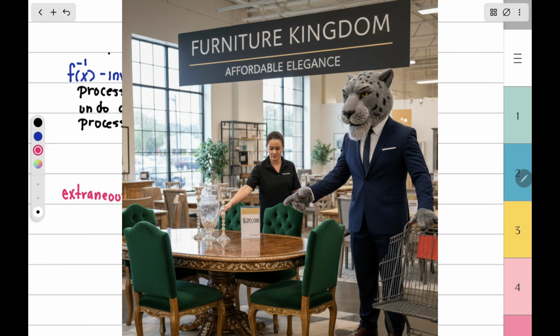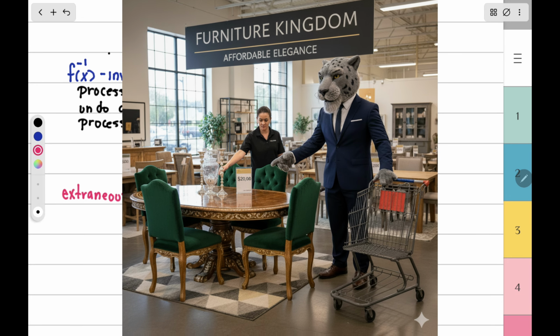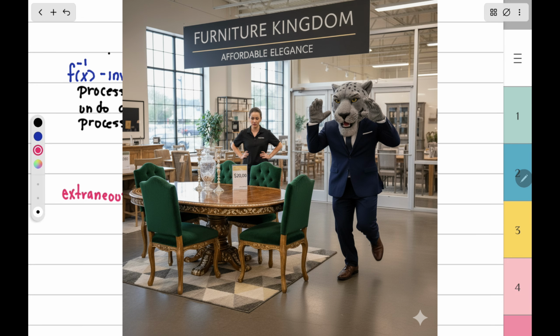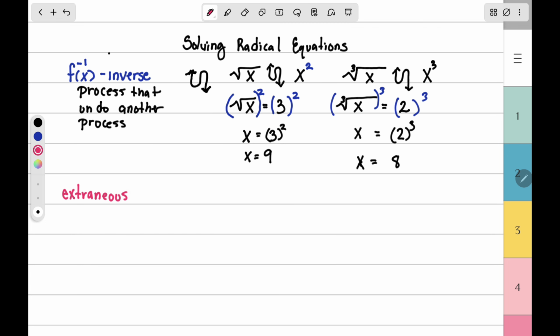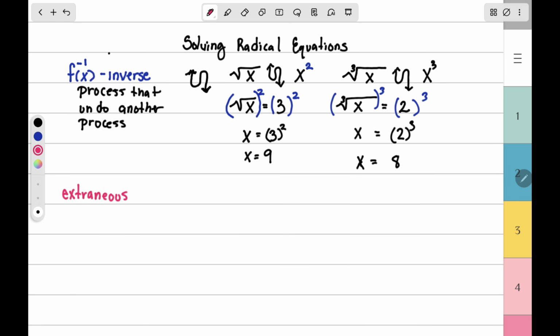When you look at the price tag, it was $20,000. See, that table is going to be extraneous. It's going to be outside of the solution. Because I don't know where you can go to borrow $19,500. And if you do know somebody, get me a few thousand as well. You pay it back. But extraneous.